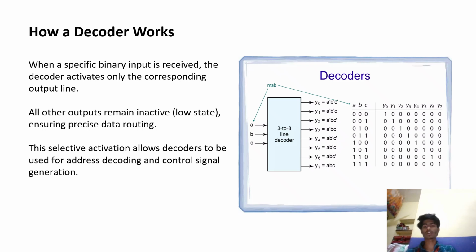This selective activation allows decoders to be used for address decoding and control signal generation.